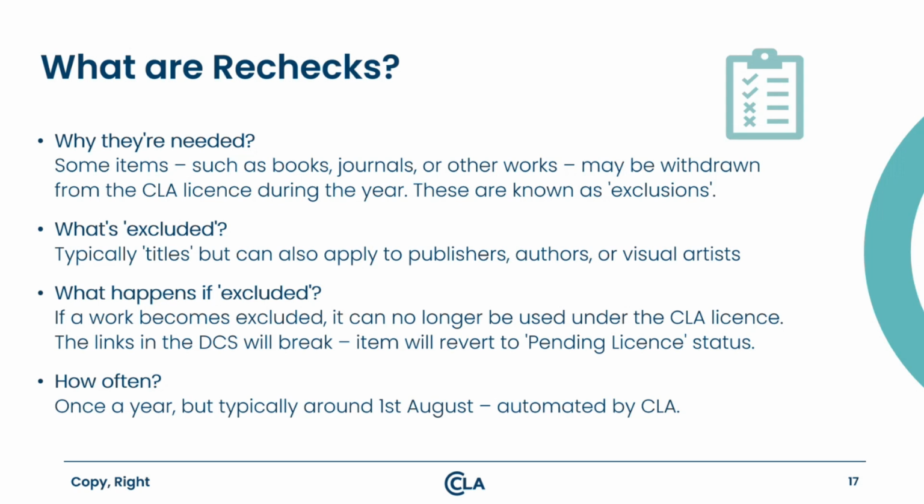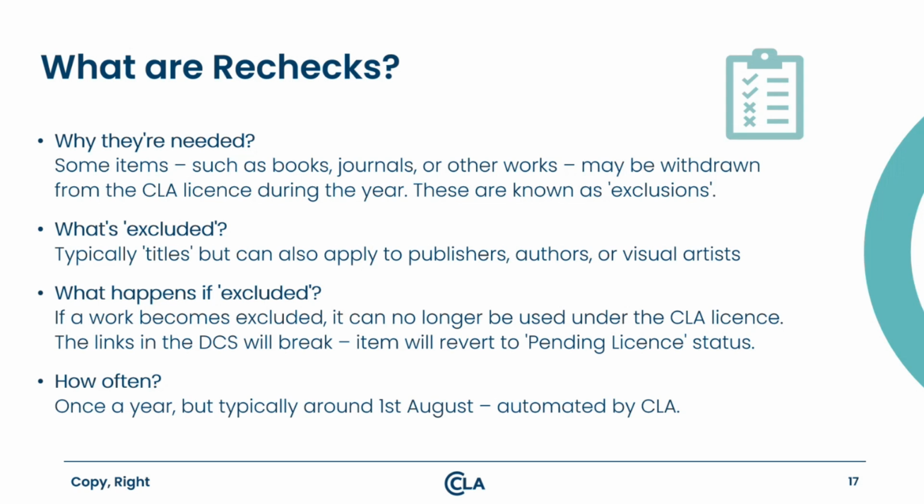Other reasons titles might become excluded through the year: a rights holder might sell some of those titles to another rights holder. It's not uncommon for an imprint to be passed between publishers, and if the new publisher had excluded their titles, then that would be a reason those titles would become excluded through the year.